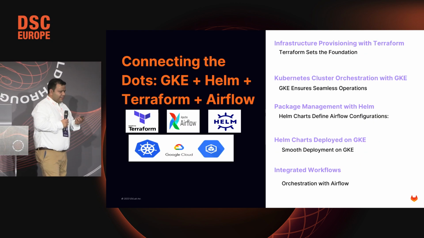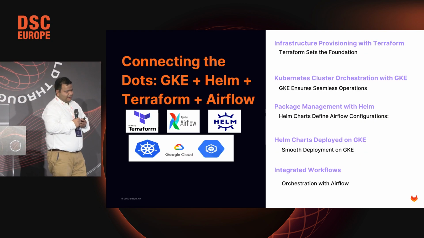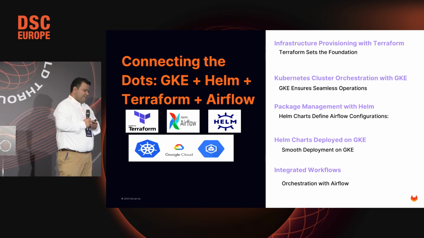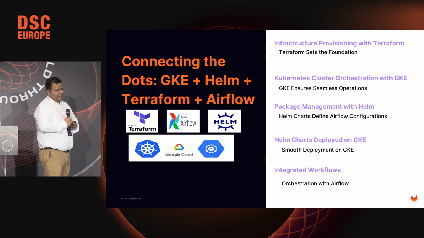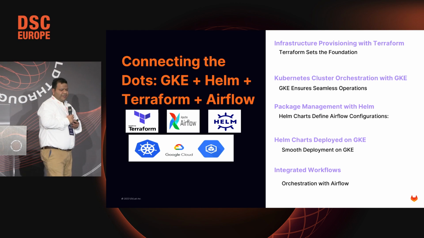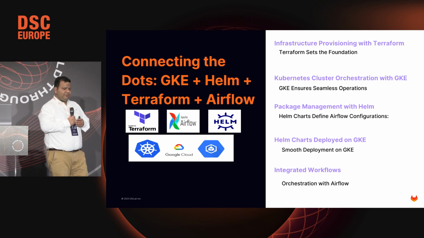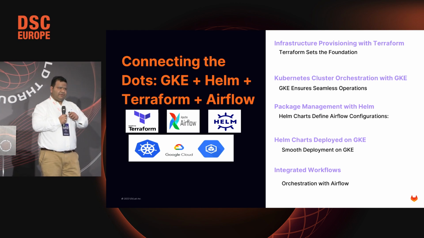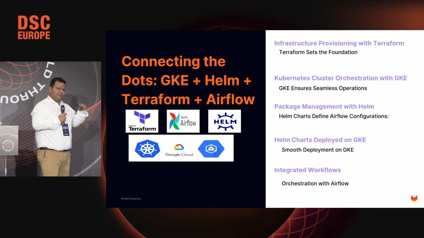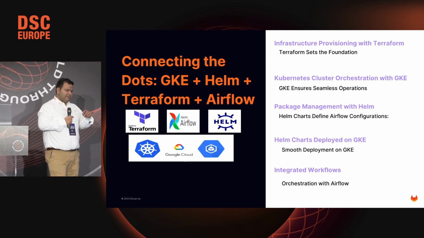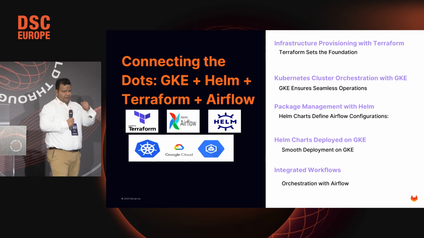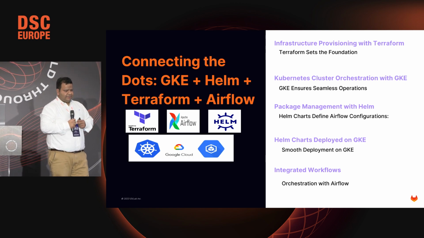Moving to the next. Now let's connect the dots between GKE plus Helm and Terraform plus Airflow. We provision the infrastructure with Terraform, so that sets the base. Terraform sets the foundation. It bootstraps the Kubernetes clusters with all necessary firewall rules and everything in place. All the VPC peering is done through Terraform.